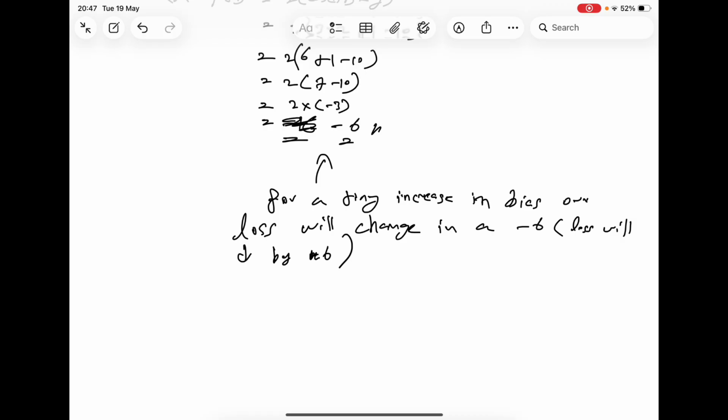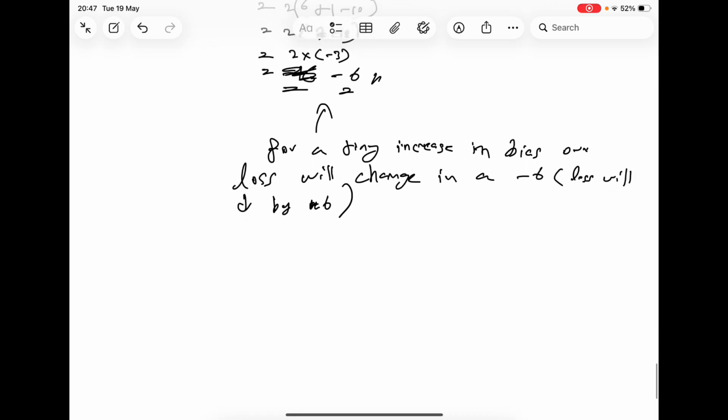We call that process by a special name, which is called gradient descent.